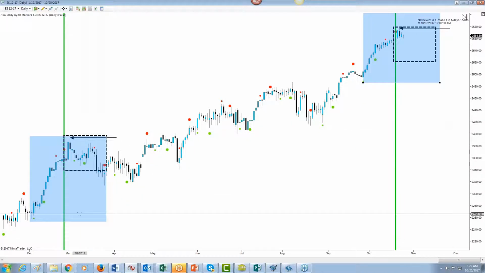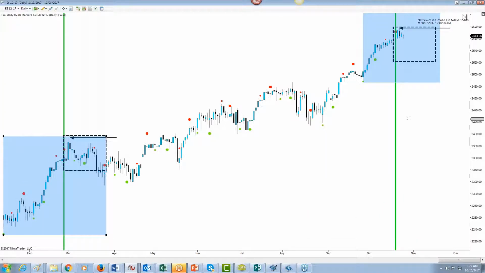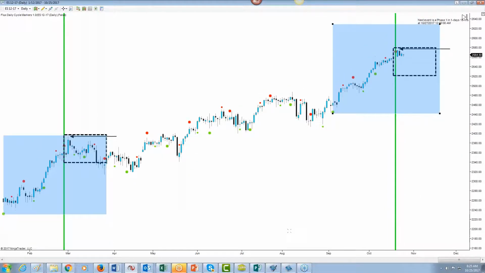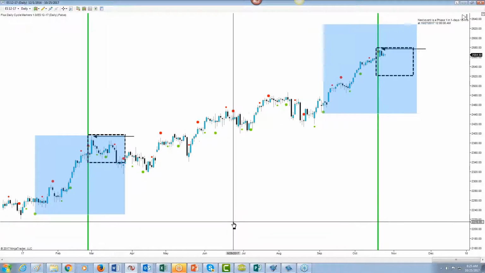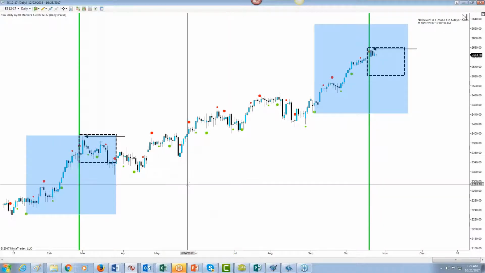We could start it technically, Don, all the way back to here, couldn't we? Do you see any similarities between the two of those suckers? They're almost identical, aren't they?